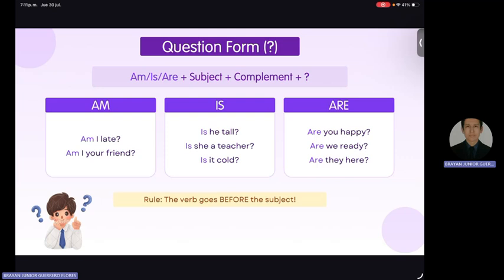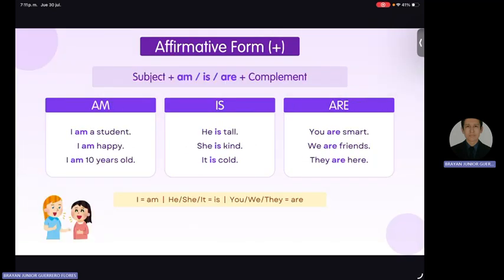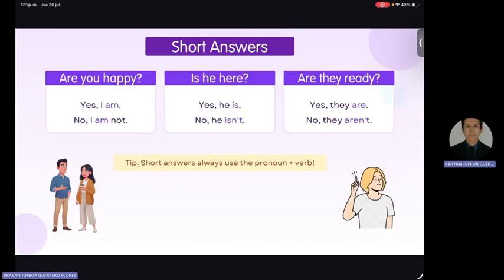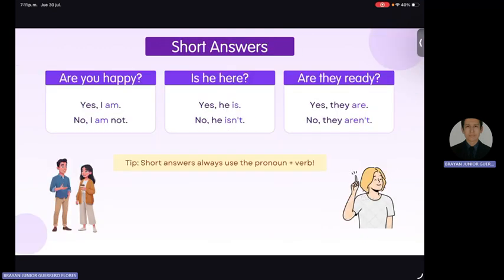So remember the rule: the verb goes before the subject. Okay? The verb to be goes before the subject. It's different in affirmative and in negative. Okay? You have to use the verb first. Okay, excellent.